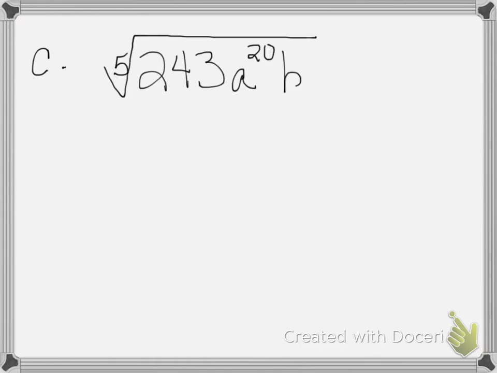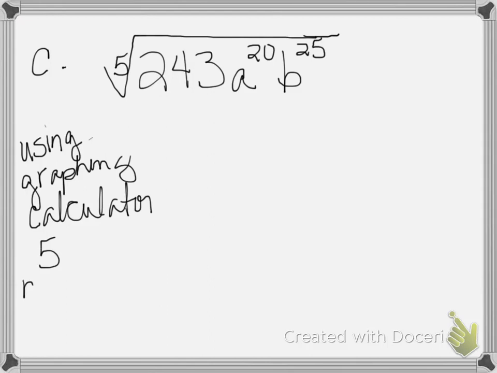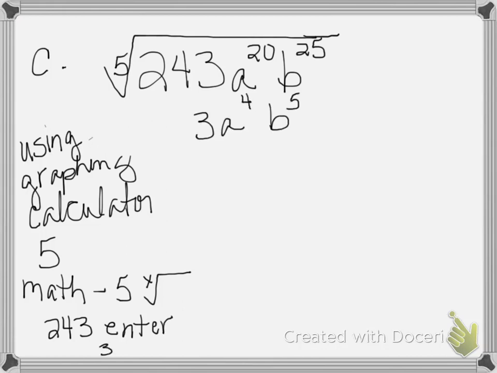The fifth root of 243 a to the 20th b to the 25th. If you want to use a graphing calculator, you hit 5, then hit the math button, go down to the fifth one, which says x root, hit 243, and enter, and you get 3.